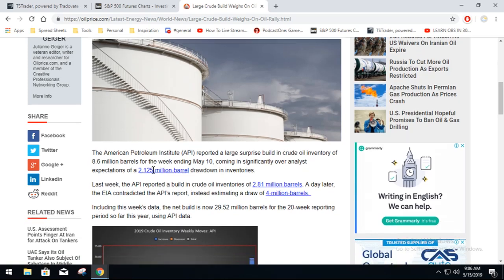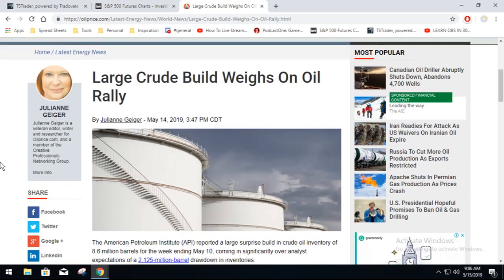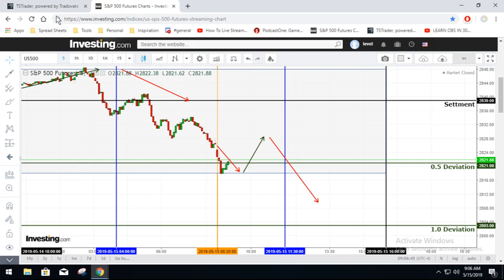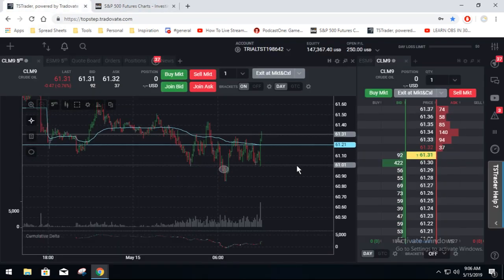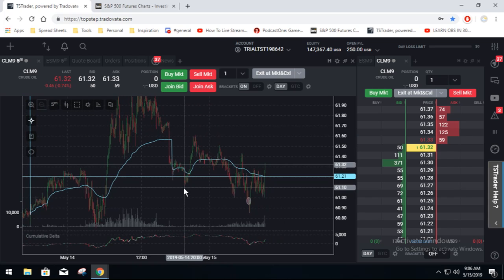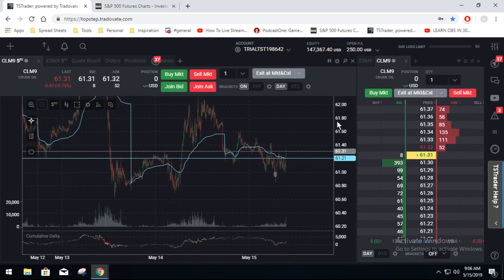We put in a large build and we're already into a build, so we're looking for bearish positions at the news release at 10:30 AM on crude. Let the market do what it wants. Have a working order set. Right, so we're looking for bears to come into the market.